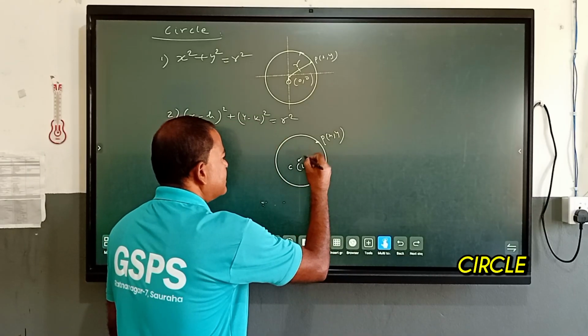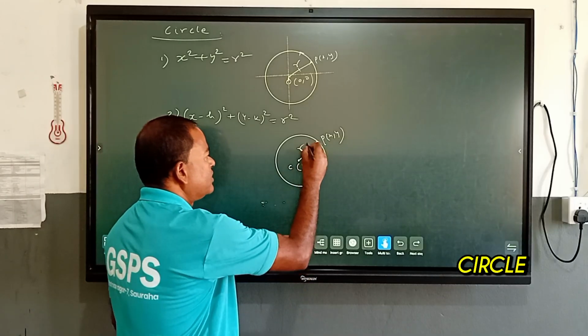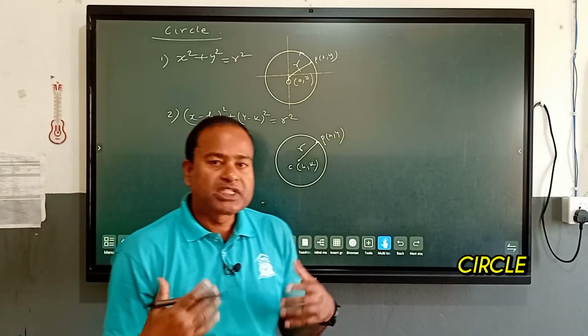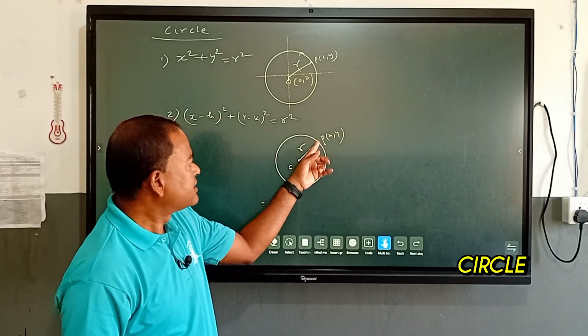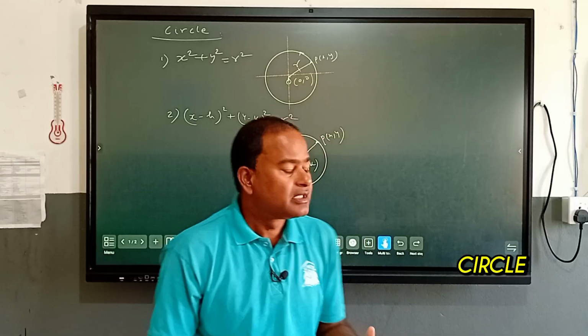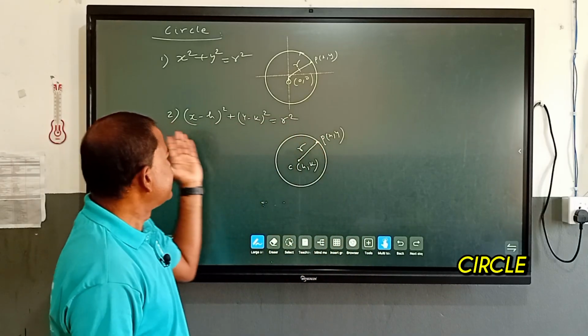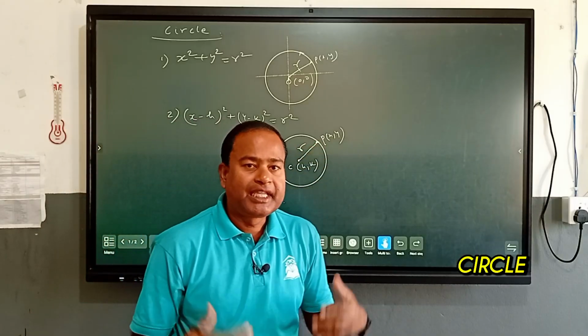Then if we join the point P with the center, CP will be the radius. So dear students, if we take the distance between the center and the point P, which is at the circumference of the circle, then by applying the distance formula, we can easily get the equation of circle in the central form.